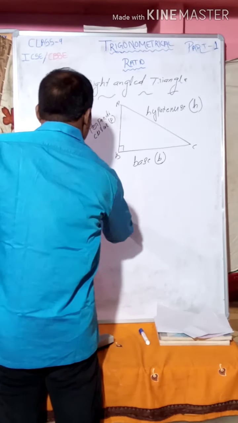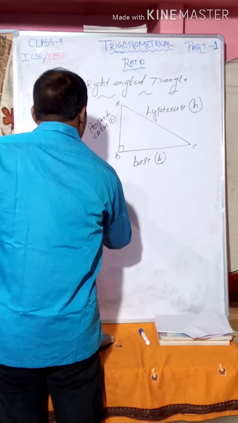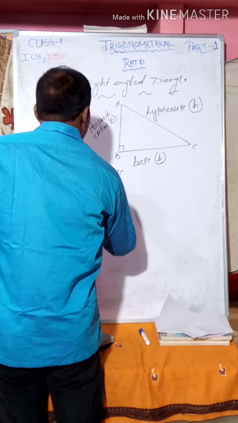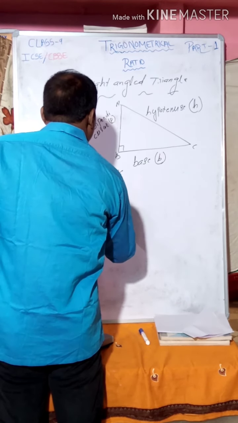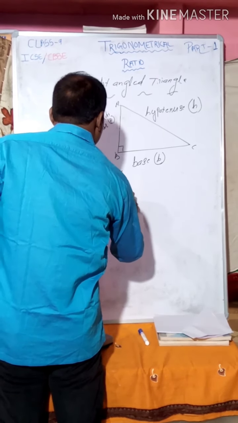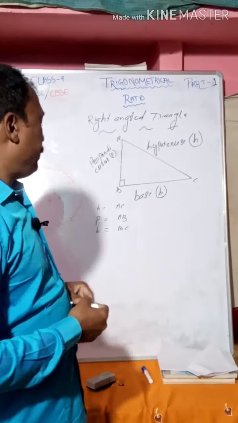Here H is equal to AC side, P is equal to AB side, and B is equal to BC side. So HPB.